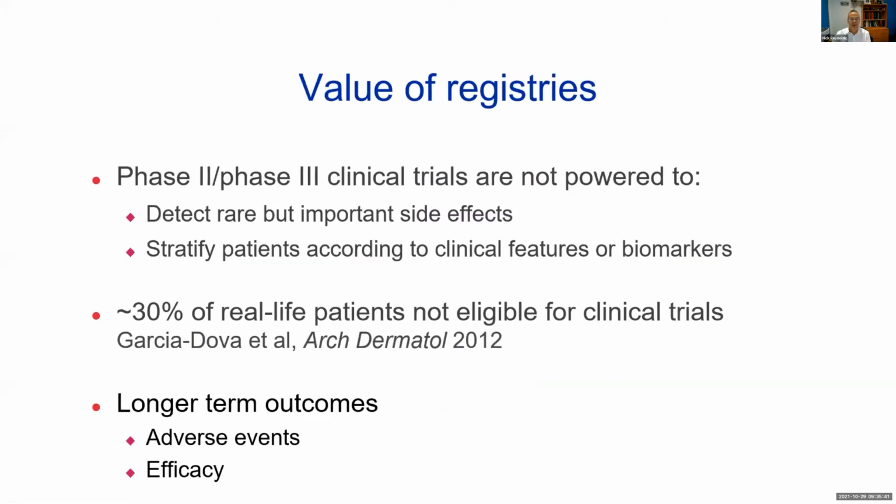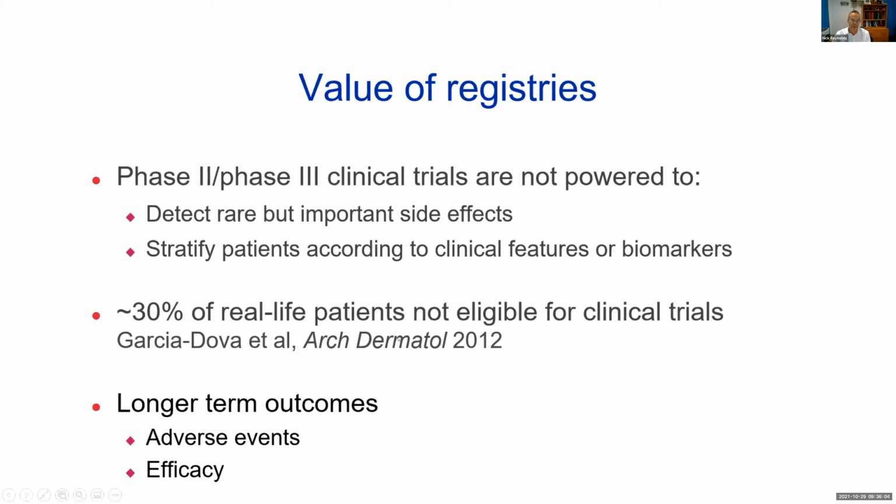So if we think about the value of registries, clearly they represent real-life clinical practice and are therefore distinct from clinical trials. Importantly, clinical trials in general are not powered to detect rare but important side effects, nor are they stratified for biomarker discovery or replication.